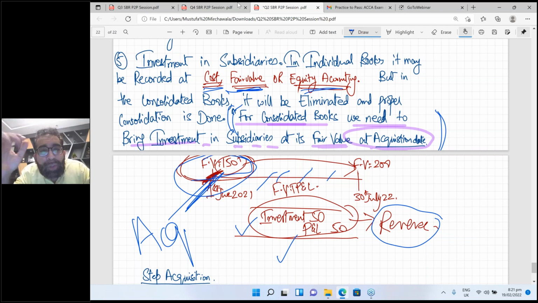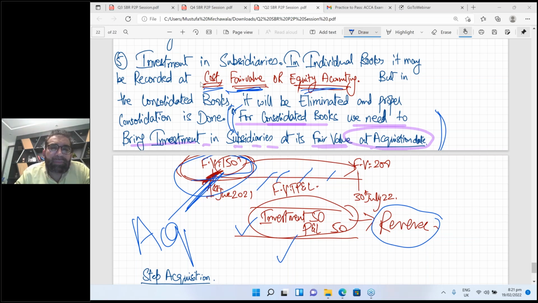So first you need to reverse the fair value gains or losses if you have recorded them after the acquisition date. Have you done it? Got it? These few things you must know.